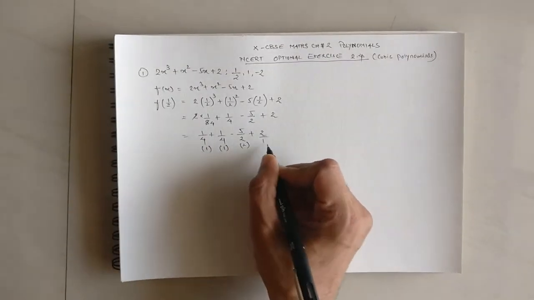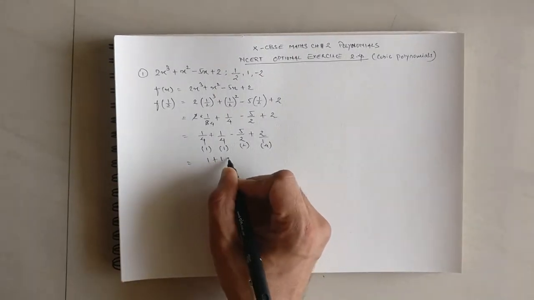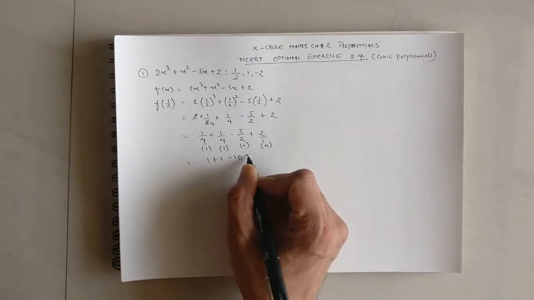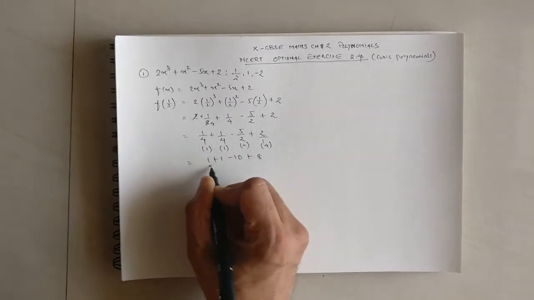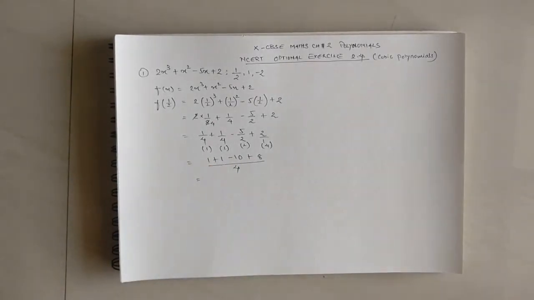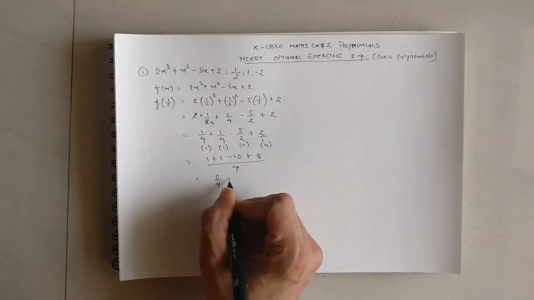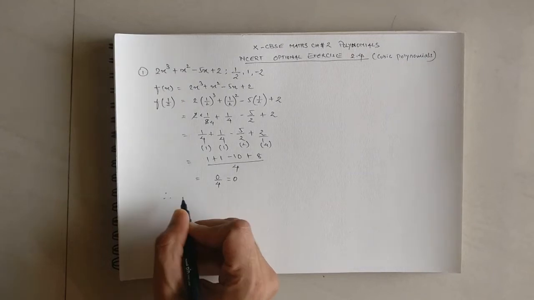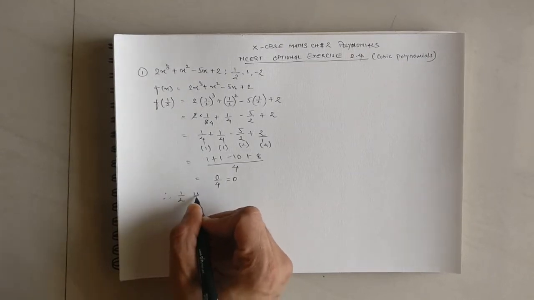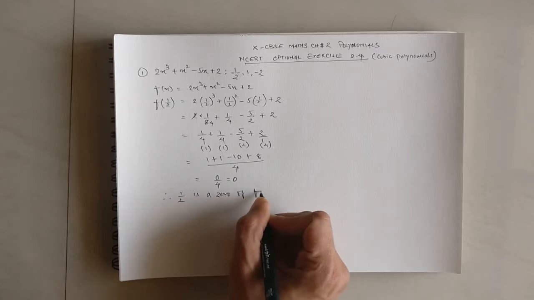So 2 2s are 4, 1 4s are 4. So 1 plus 1 minus 10 plus 8 the whole upon 4. Now 1 plus 1 is 2, 2 plus 8 is 10, 10 minus 10 is 0 upon 4, which is 0. Therefore 1 by 2 is a 0 of f of x.